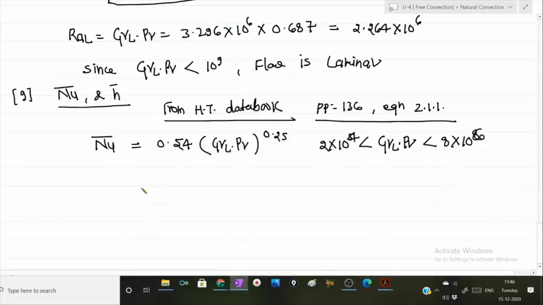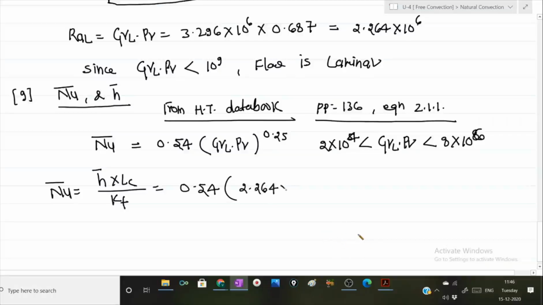Okay. So the Nusselt number I can also express as H bar into LC over KF, equal to 0.54 into (the value of GRPR, 2.264 into 10 to power 6) to the power 0.25.